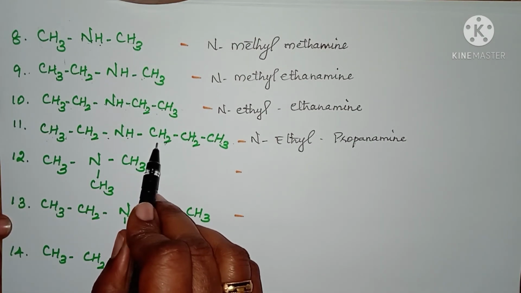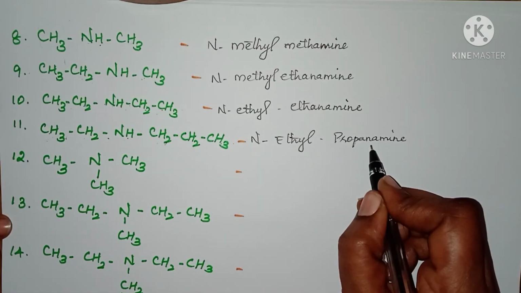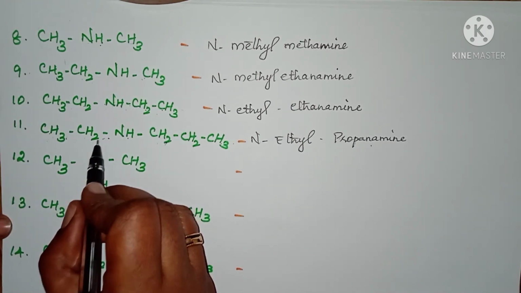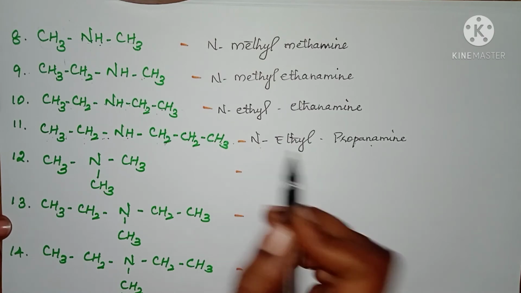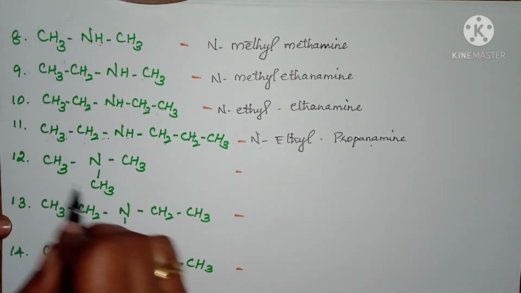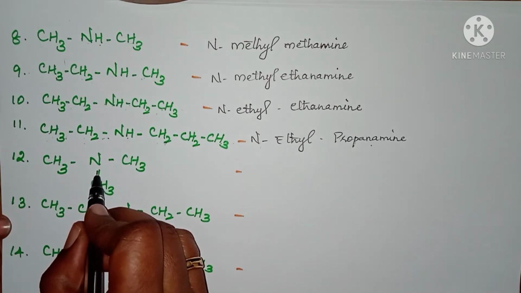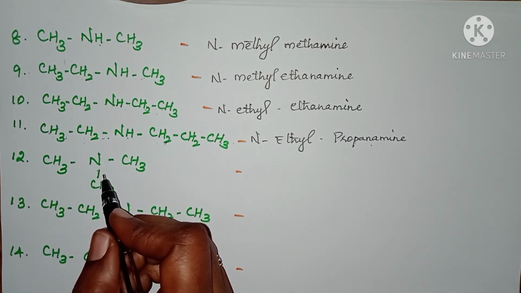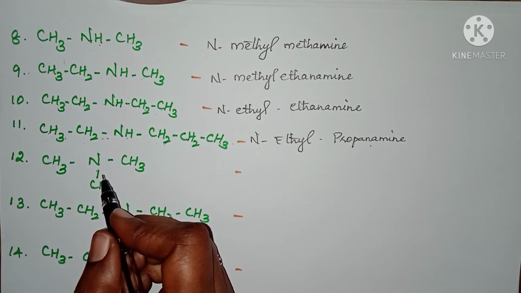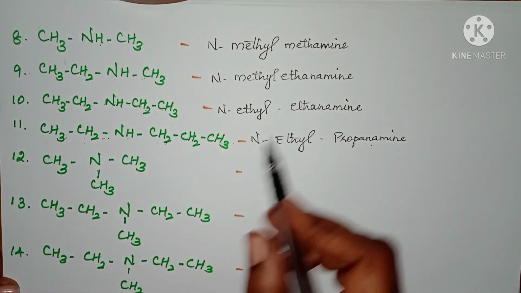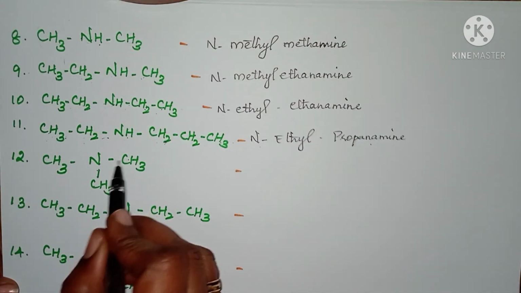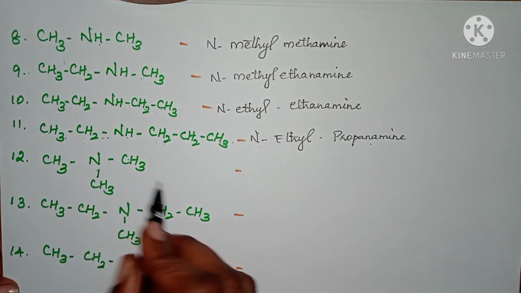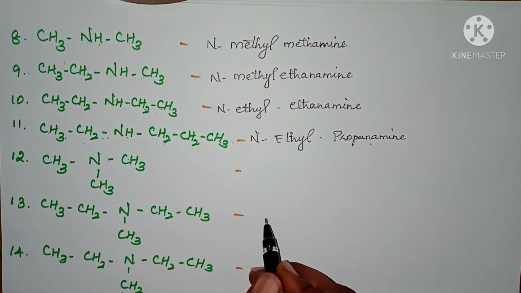So this part, let it be at the last name, and the group with fewer carbons, you have to bring it in first. Now here, come on, tell me. The nitrogen has methyl groups attached. So can you name this? Bring the same formula: one methyl group attached to nitrogen, that means N-methyl.